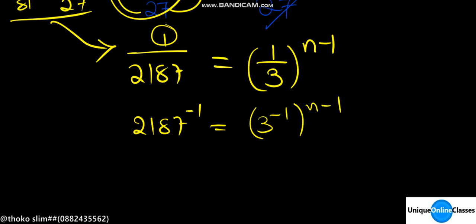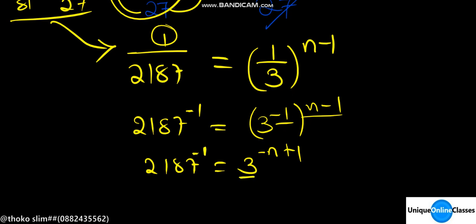Writing 2187 in base 3, it is 3 to the power 7.